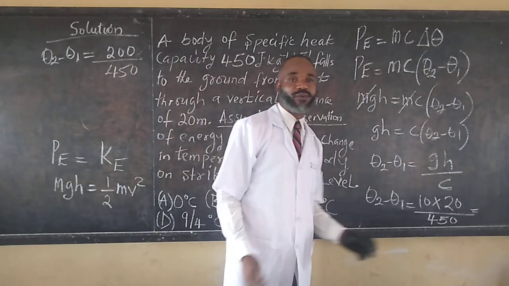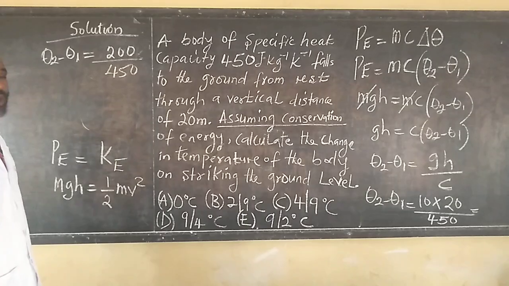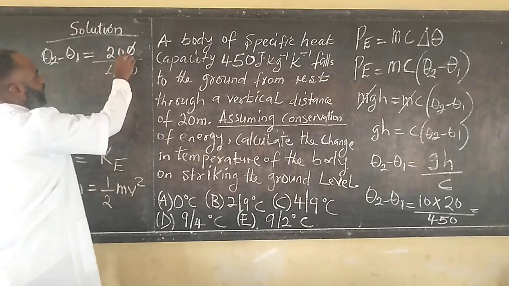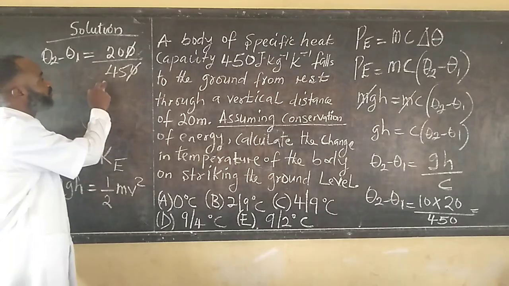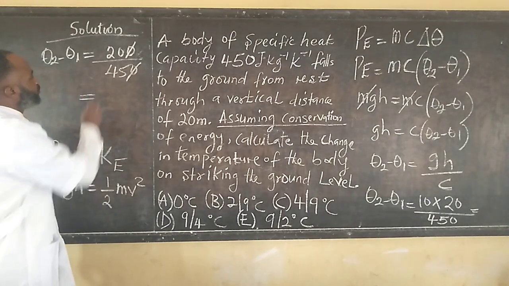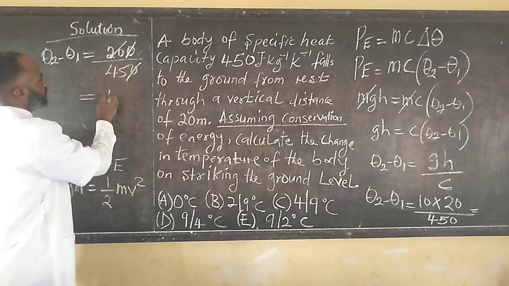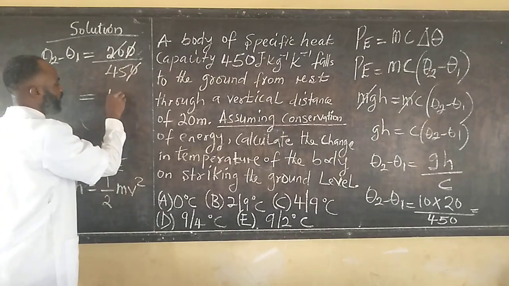We cancel a zero here and a zero there, and we have 20 over 45. What happens next? We divide by 5. 20 divided by 5 is 4.